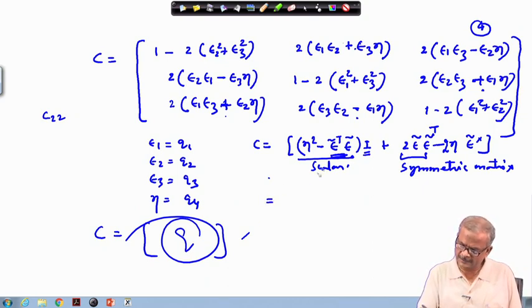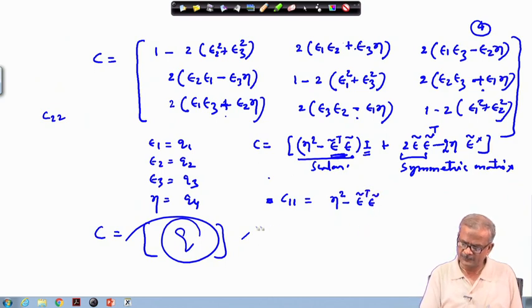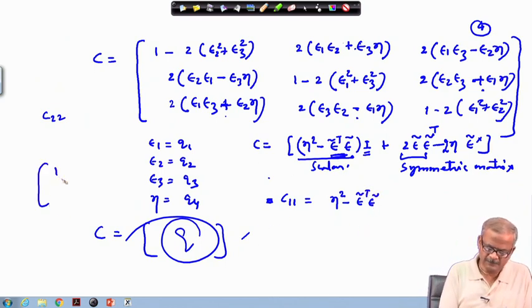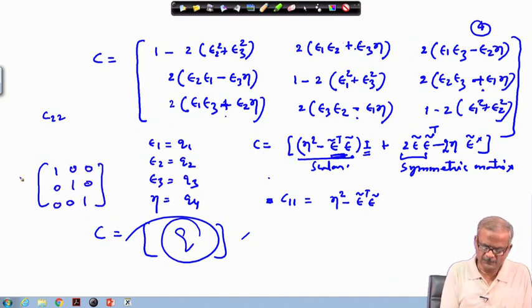So, if we start collecting the terms, let us say I collect the first term C 1 1. How will this look? This will be eta square minus epsilon tilde transpose epsilon tilde, because the matrix I is 1 1 1 and 0 elsewhere, and you are multiplying this with a quantity which is a scalar term.